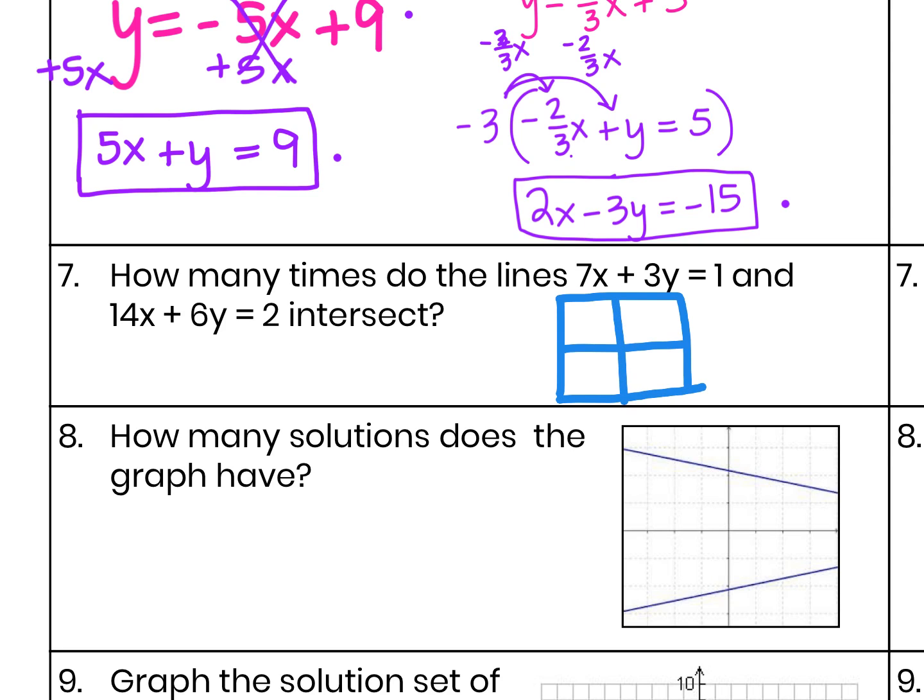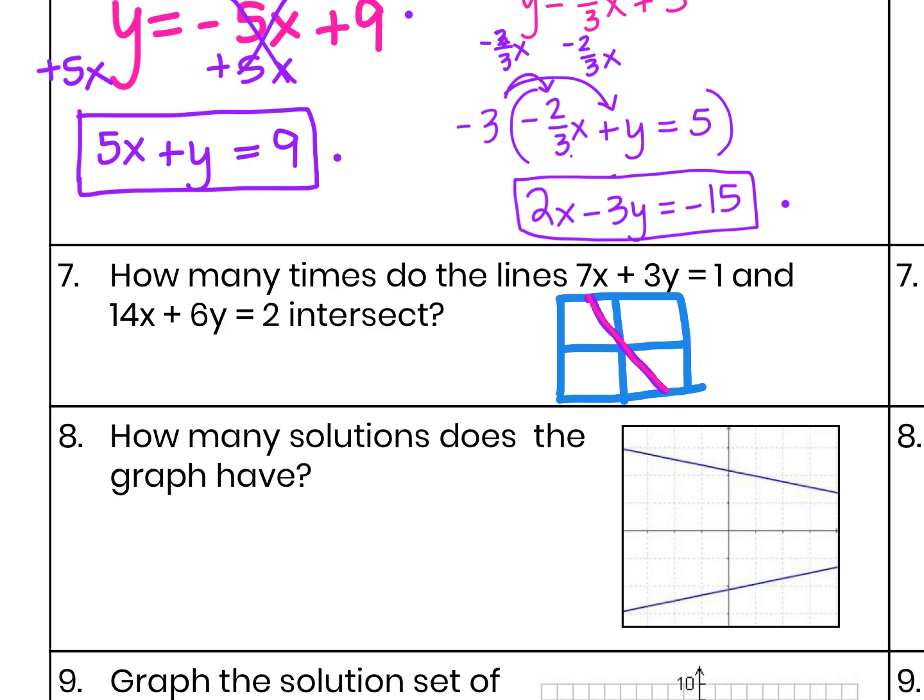If this was my graph, when I graph 7x plus 3y equals 1, it looks something like this. Then when I graph the other line, 14x plus 6y equals 2, it goes right on top of it.